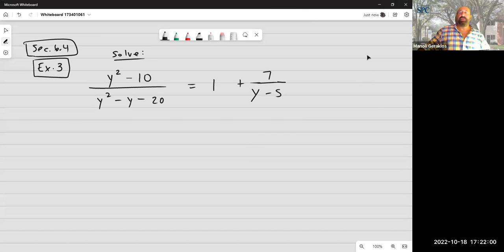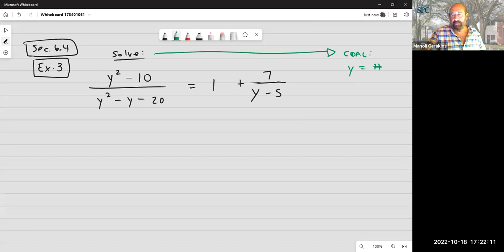Okay. Solve a rational equation. Our goal is y equals a number. This is how we know when we're done solving the equation. Positive 1, y equals a number. So what's the issue?